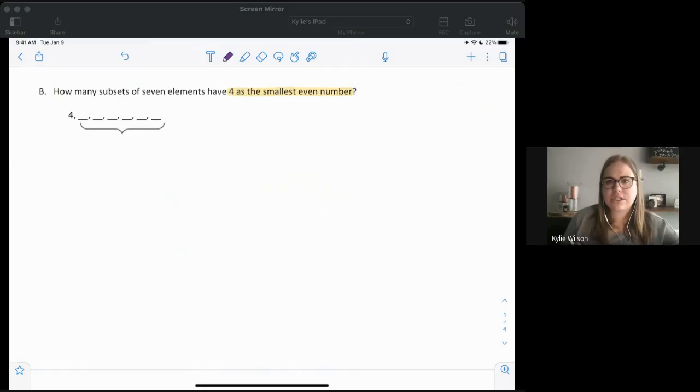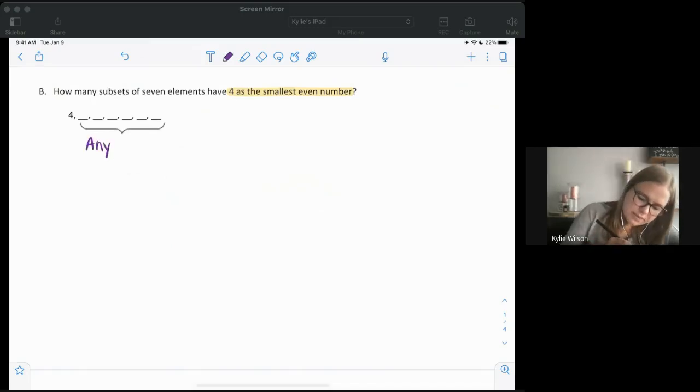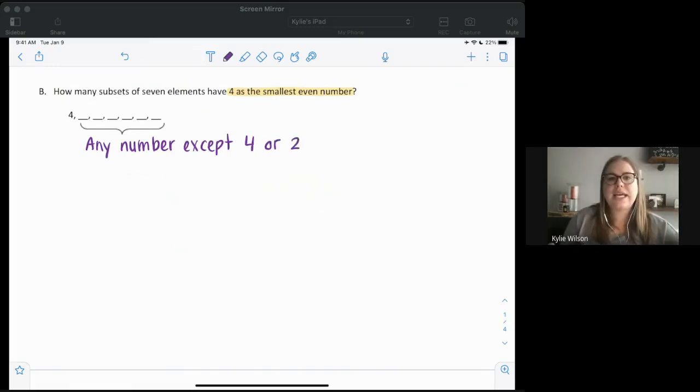Now, everything in this area could be any number except 4 or 2. It can't be 2 because if 2 was included in the subset, 4 would no longer be the smallest even number that's living in the subset. So we can't have 2 either.